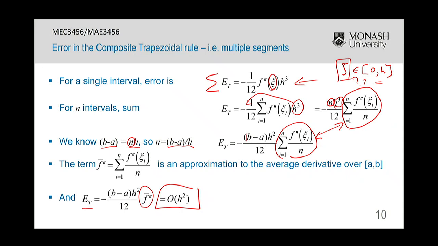In other words, if we make h half the size, the error goes down by 1/4. That's the most important thing to come out of this particular analysis, this scaling argument down there. So that's what we've now demonstrated: even though the error in a single interval scales like h cubed, the error over multiple segments scales like h squared.